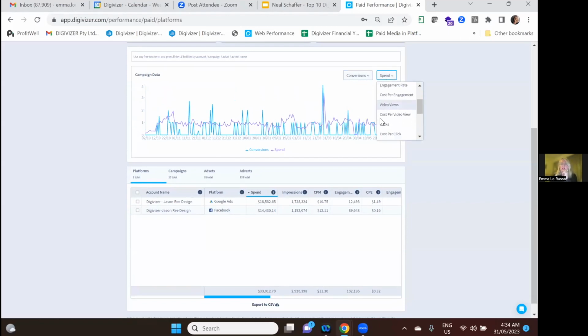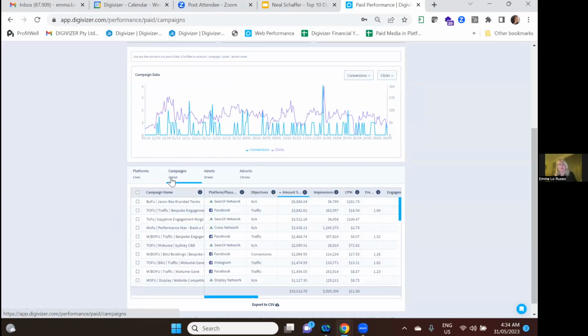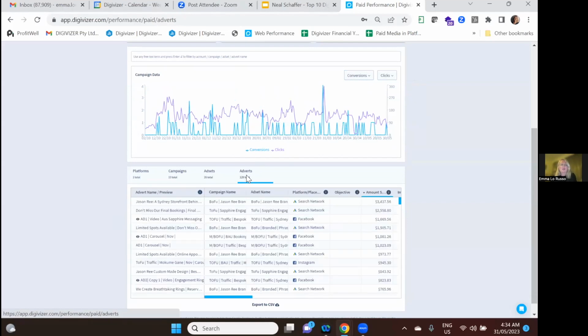So you can see those relationships easily. But what's really valuable is actually being able to dig down a little bit deeper into what are the campaigns, ad sets, or the actual creative that is driving the outcome.